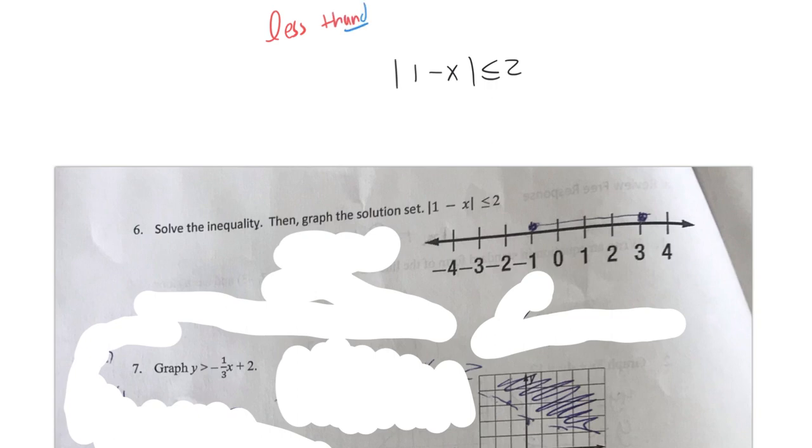And if the absolute value part happens to be greater than the number, then I want you to think of the word greater. So if the absolute value is less than the number, then it's an and scenario. If the absolute value is greater than the number, it's an or scenario.